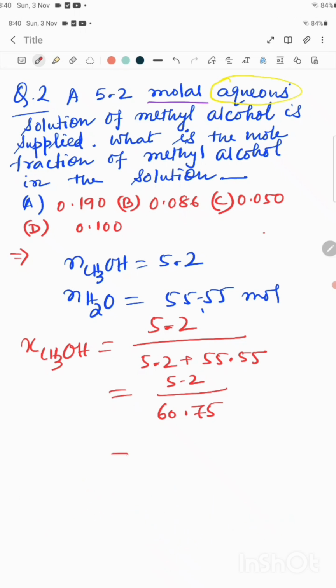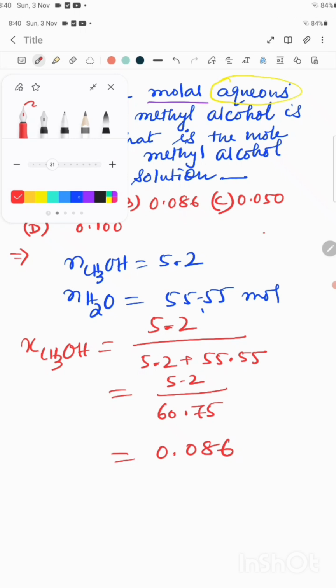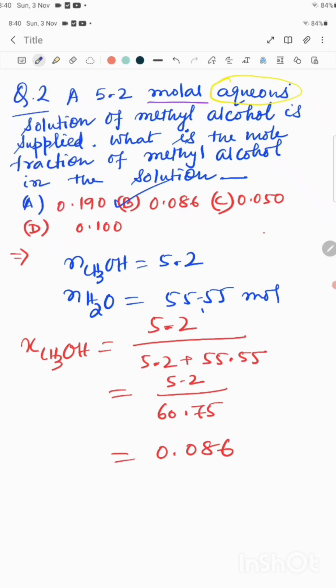Now if you calculate, ultimately the result will come 0.086. So what will be the correct option? The correct option is option B, that is 0.086. So in this way we can calculate mole fraction using the data of molality.